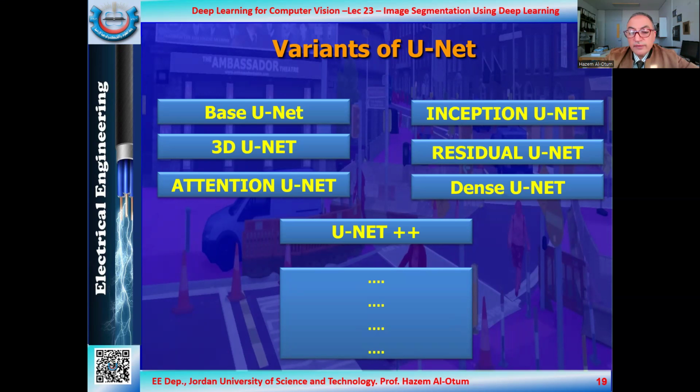You can find other versions like U-Net Plus, U-Net Plus Plus. All these versions are based on using the U-Net structure by replacing this or that part, substituting some bottlenecks and maybe some backbones. You can use all these topics and improve your U-Net system.